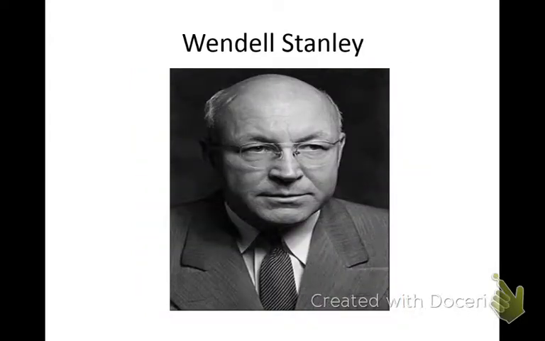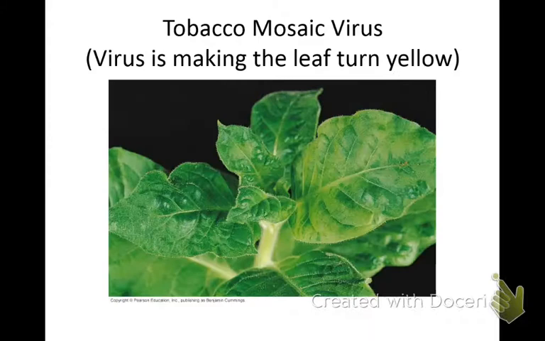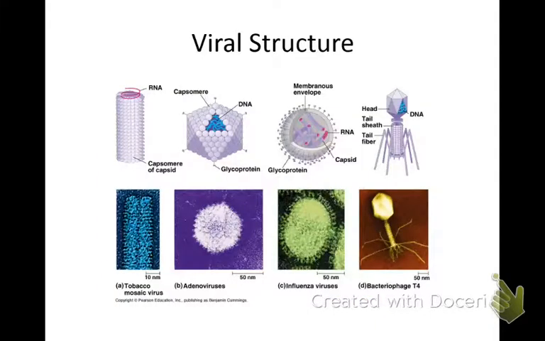This guy, Wendell Stanley, was the first person to actually isolate a virus, and it was a virus that infected tobacco plants. And so he looked at those, and from his studies and then some previously, we know that the viral structure has either DNA or RNA, not both. Like HIV has RNA.